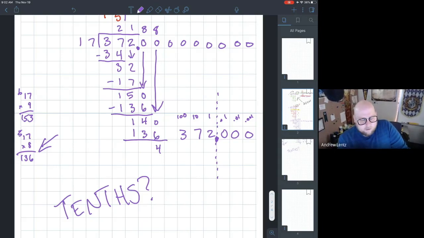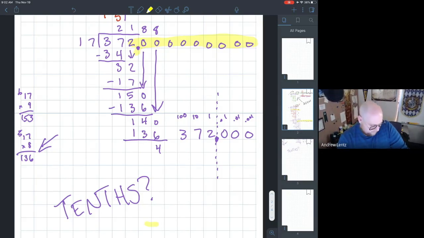So we'll deal with that later. What I want you to understand, though, is this part right here is probably something that many of you didn't realize. And this is why we teach place value in 5th grade. I can add more place values because I just put in a 0.